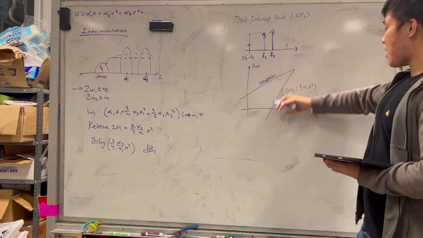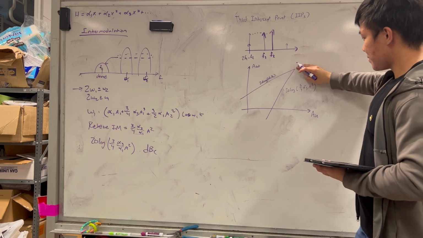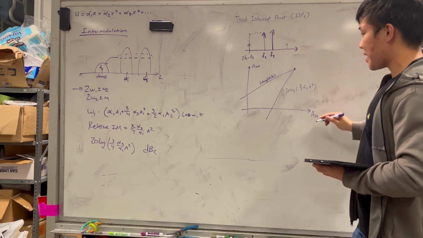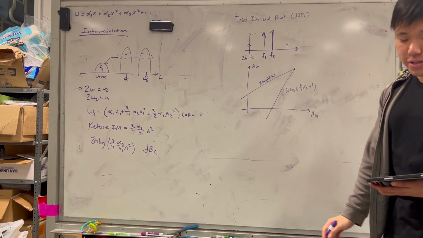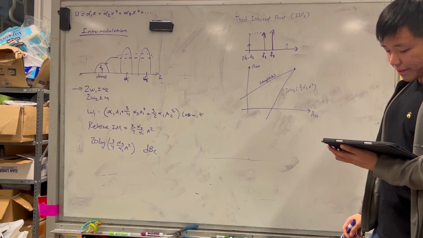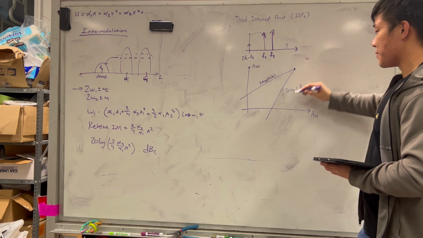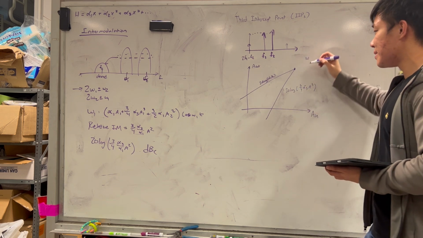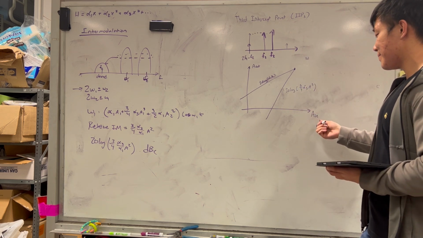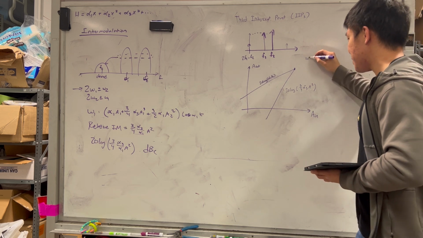And if you were to extrapolate this, you get a point at which they intersect, and that means that both the powers are equal. And also this is for a voltage quantity. That's why I'm using 20. It was power, 10. I guess I should have made that clear. Yeah, this is for voltage, sorry.